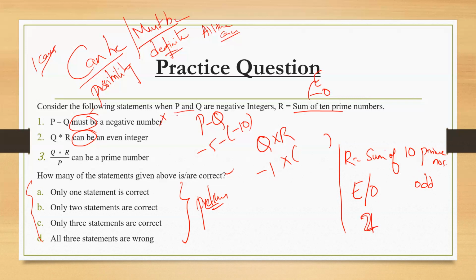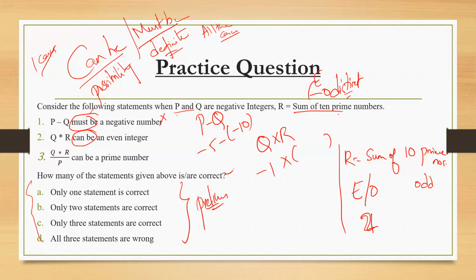All right. So here, understand when we are talking about the sum of 10 prime numbers, one more thing you have to observe. It is not given that these 10 are distinct prime numbers. It can so happen that the prime numbers are repeated.